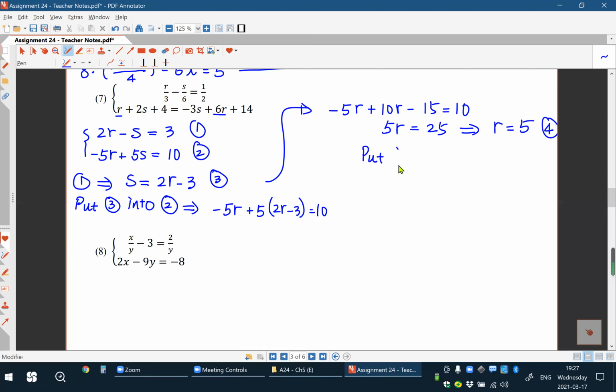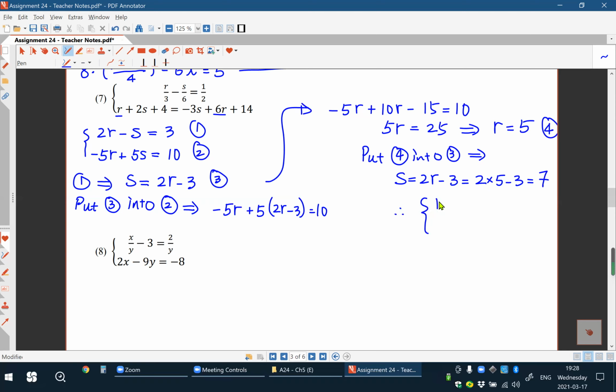Then we can put number 4 into number 3 to solve s. s is 2r minus 3. That means 2 times 5 minus 3, which is 7. So now we can make the conclusion.